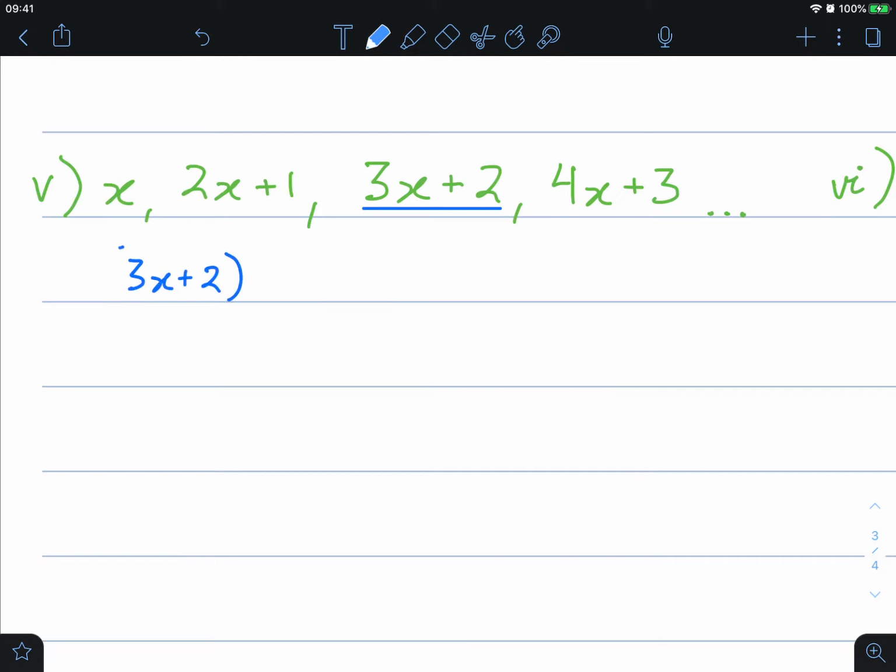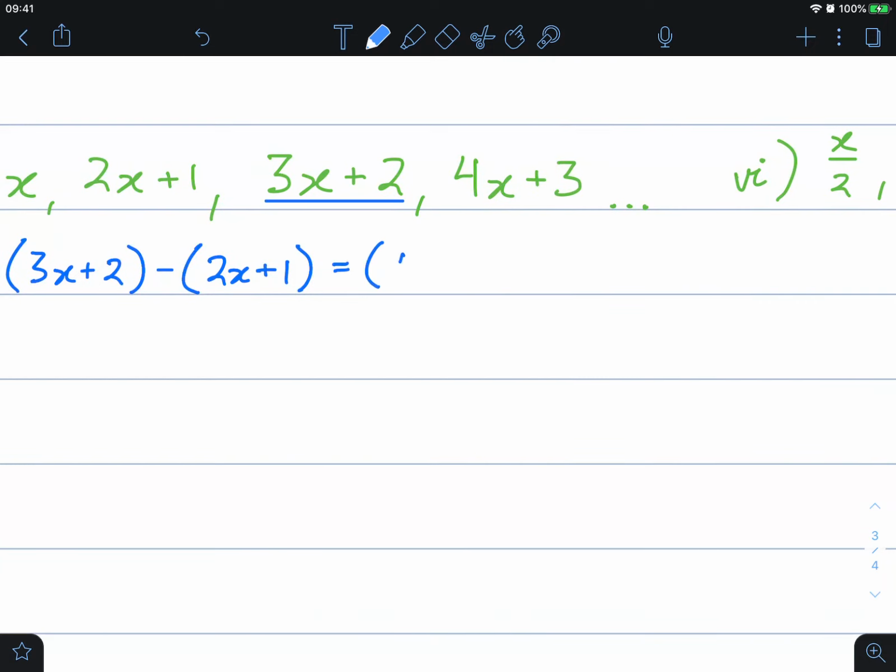And this entirely is one term. And from this, we're going to subtract the previous. And it should equal the following term minus the one that we've picked.